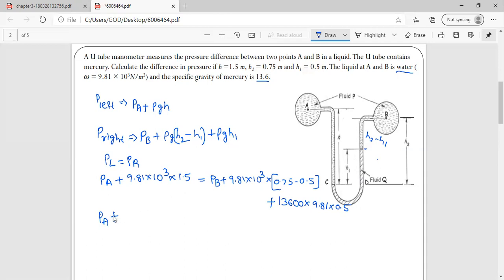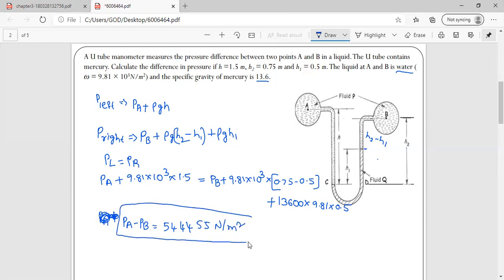If you solve this equation and send PB to this side, then PA minus PB, sending the total term to that side, comes out to be 54455 Newton per meter square. Now with this we will move on to the next question, one more question on the U-tube manometer.